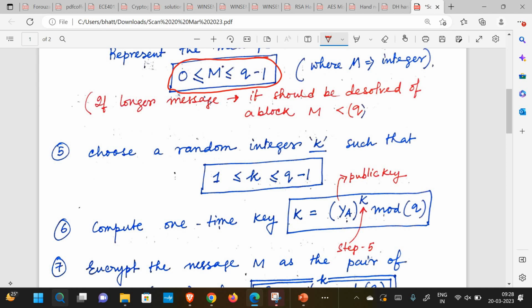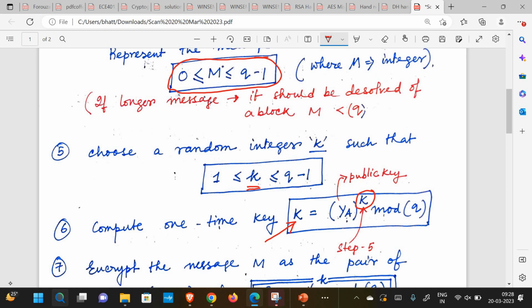This is where it gets different from the DH process. So this small k that you are looking at also has a range, which will be between 1 and Q minus 1. Alright. And based on this small k, we are going to find out another key, which is capital K over here.